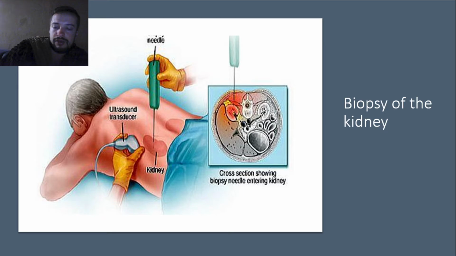Indications: nephritic and/or nephrotic syndrome with no apparent underlying disease, which allows diagnosing the type of glomerulonephritis, suspected lupus nephritis, rapidly progressive glomerulonephritis, renal transplant reaction or dysfunction, unexplained acute kidney injury.